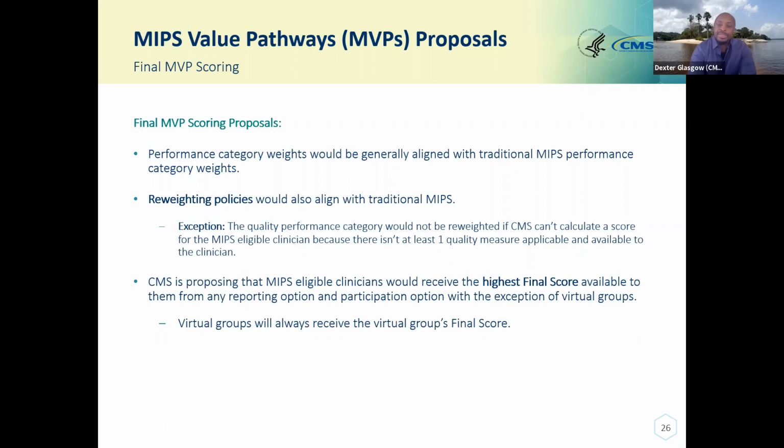What we're saying is if a given MIPS eligible clinician chooses to report on the MIPS value pathways, but then also decides to submit data through the traditional MIPS means, both will be calculated and the highest score will count as the final score.